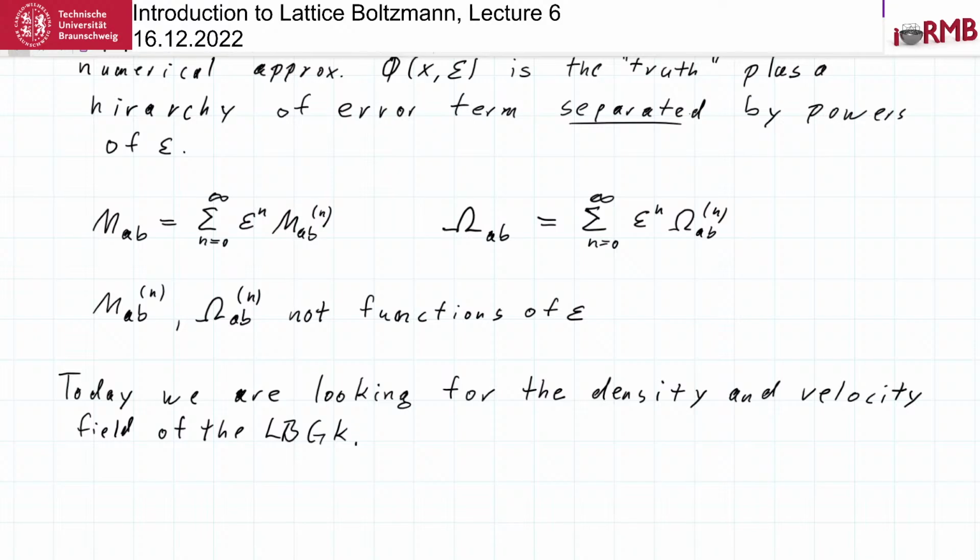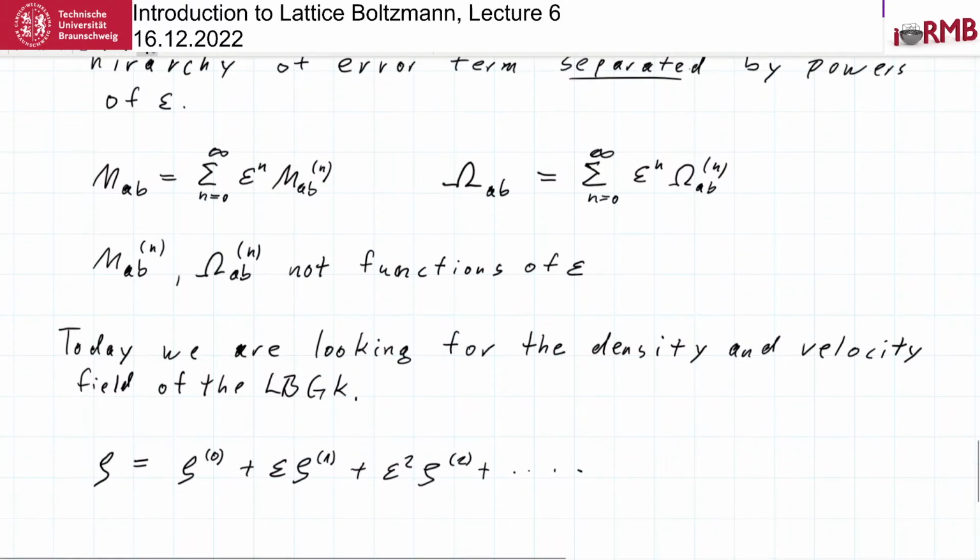So, we have a solution for rho, rho being the density, the solution of the density from our BGK equation, and this is now composed of this hierarchy of terms, which starts at rho 0 plus epsilon rho 1 plus epsilon squared rho 2 and so on to infinity.